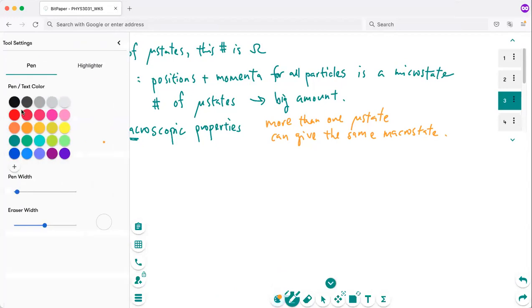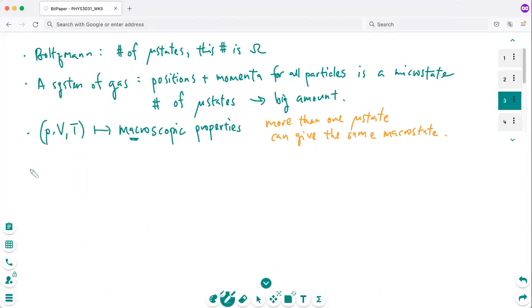Okay, so now here is the key. We cannot prove this. That's why it's called a postulate. So this is Boltzmann's key idea, something that is associated with his name, right? He claimed that this S, entropy S, not the change, there's no delta, is related to this amount of information, log of omega, directly.